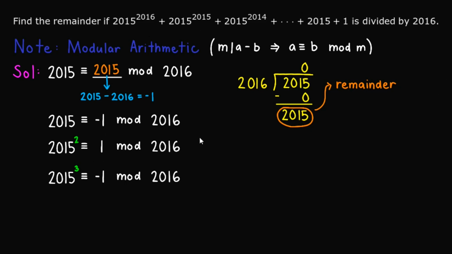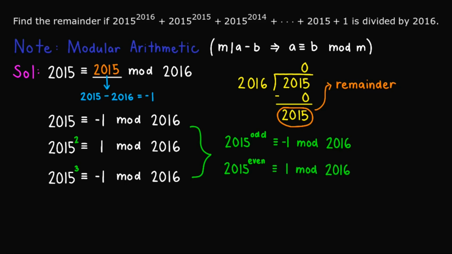So using this concept, we can generalize this one, that 2015 raised to an odd number is congruent to -1 modulo 2016. And if 2015 is raised to an even number, then this one is congruent to 1 modulo 2016.